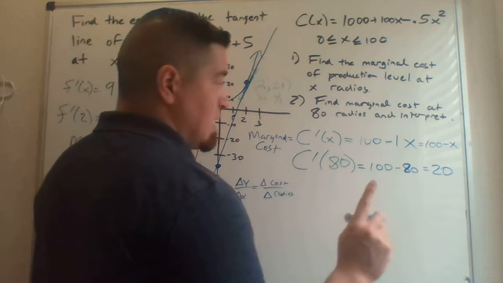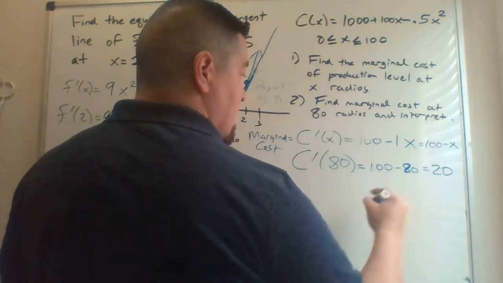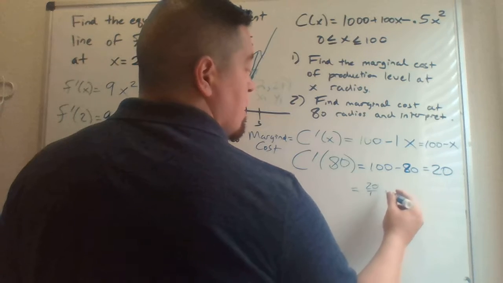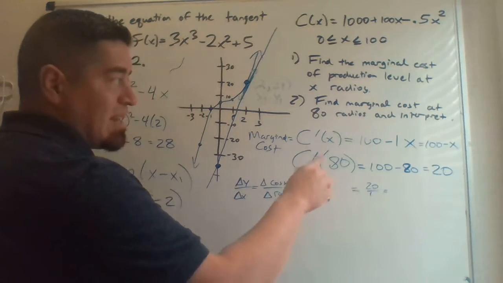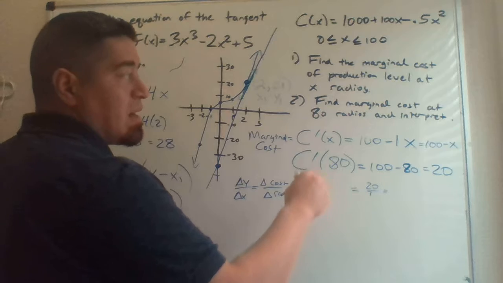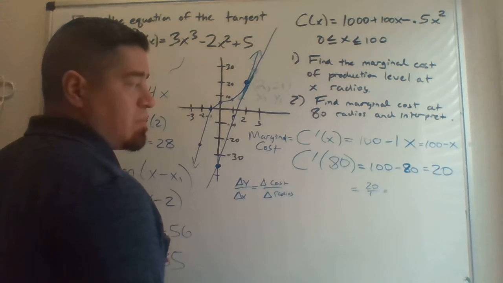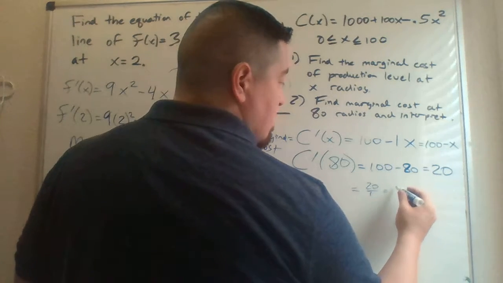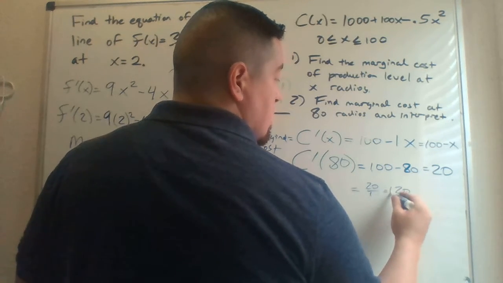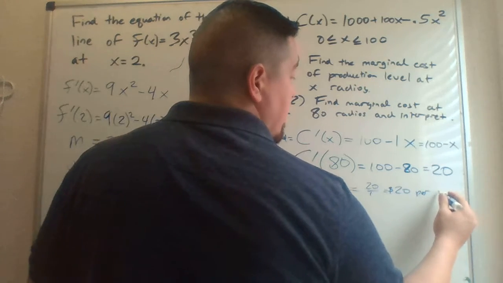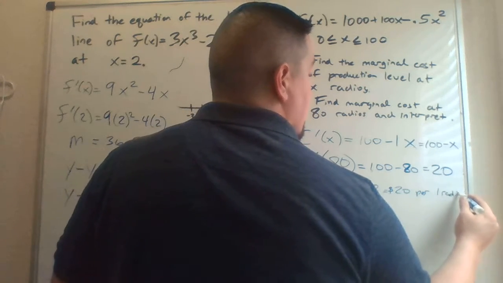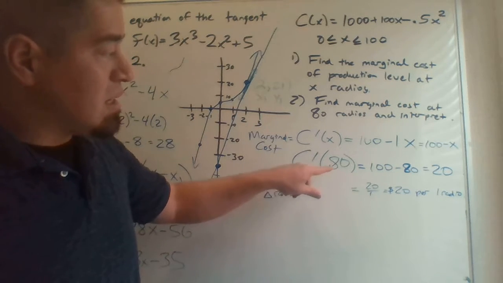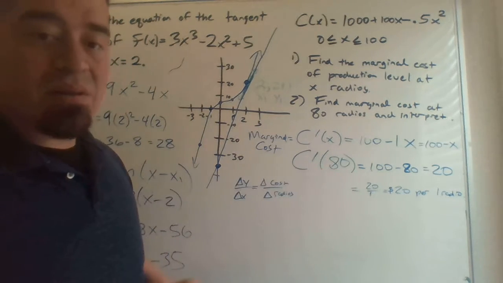So what this really means is that it's 20, so it's kind of like 20 over 1, right? So at a production level of 80 radios, the rate of change of the cost is $20 per radio. $20 per one radio, when you're producing 80 radios.